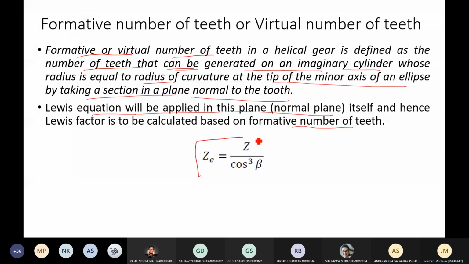This is virtual. Virtual or imaginary is equal to actual by cos cube beta. This can be derived, but anyway, it's not a part of your portion here. But let us remember this, very important. ZE is equal to Z by cos cube beta.